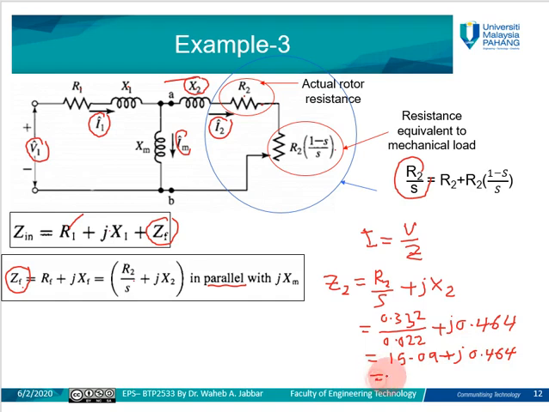You use your calculator to convert it into the polar form, which is 15.1 with the angle of 1.76. You just use your calculator to convert from rectangular form to polar form. Okay, so this is the value of Z2. I found the value of Z2, which represents this area.